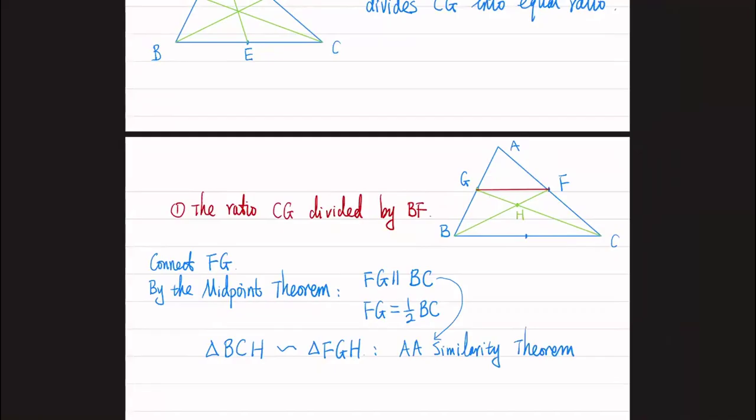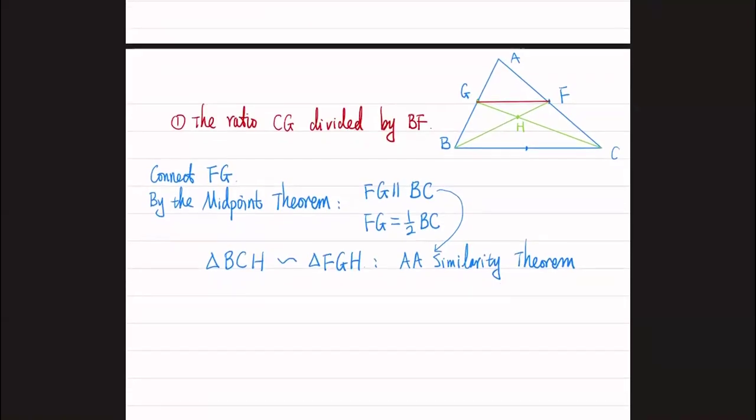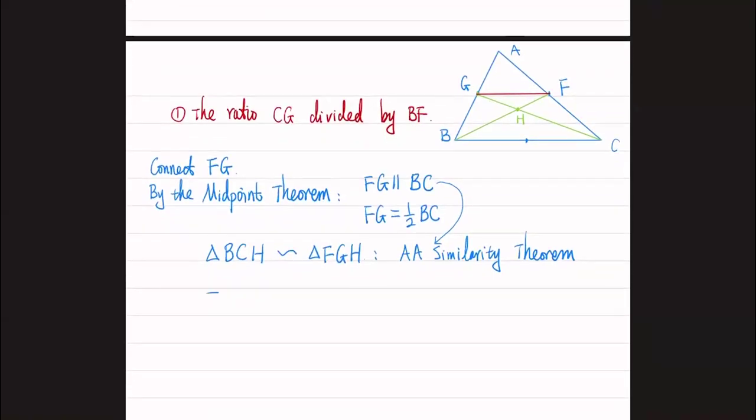Okay. They are similar, so the corresponding sides have the same ratio. So GH over HC is the same as GF over BC, which is 1/2.